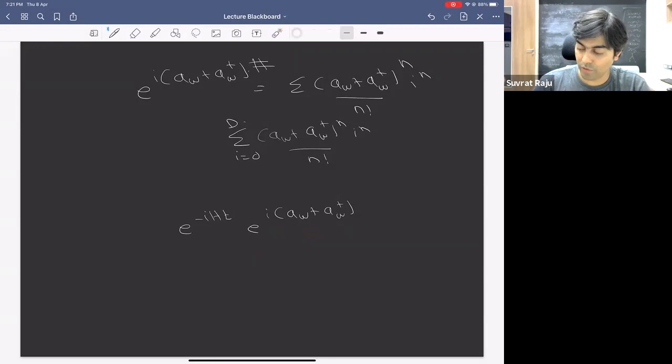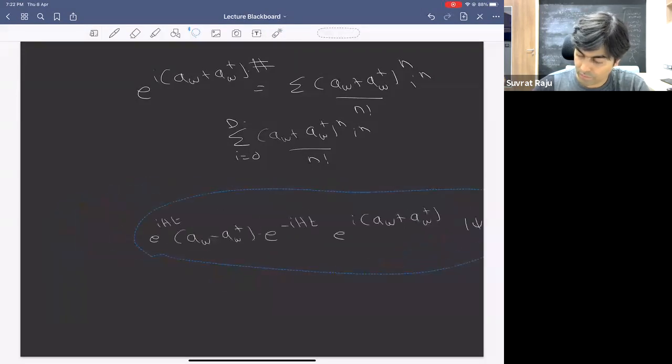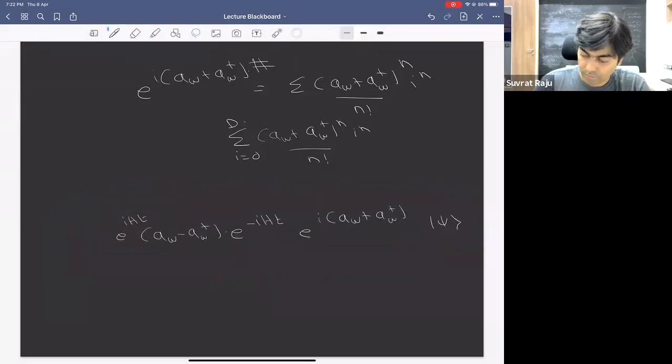So if you write this psi, it will give you some phases, and as a result, if you compute the expectation value of something else, say a omega minus a omega dagger, put e to the iHt, put the same thing, then this will start depending on t.